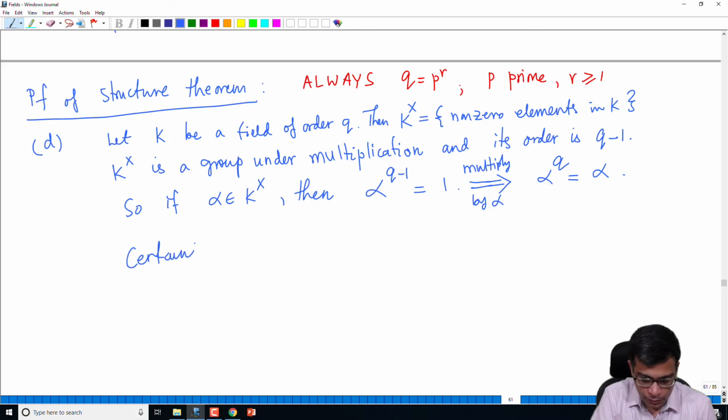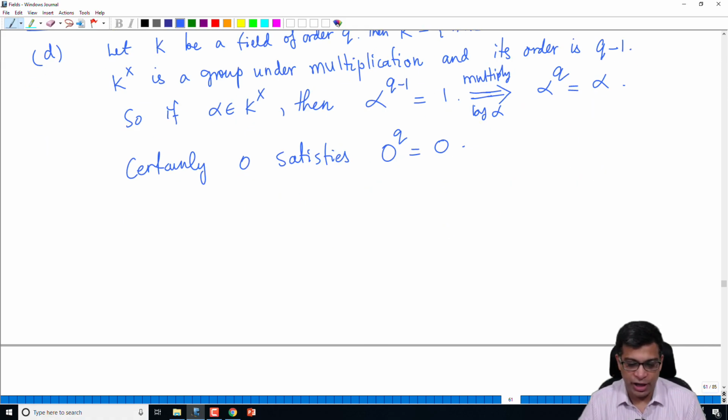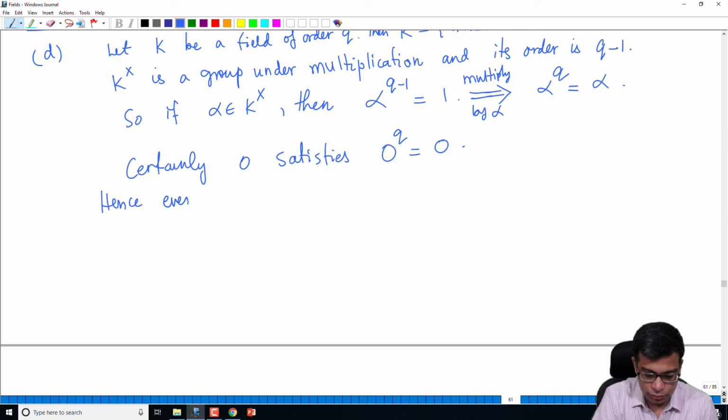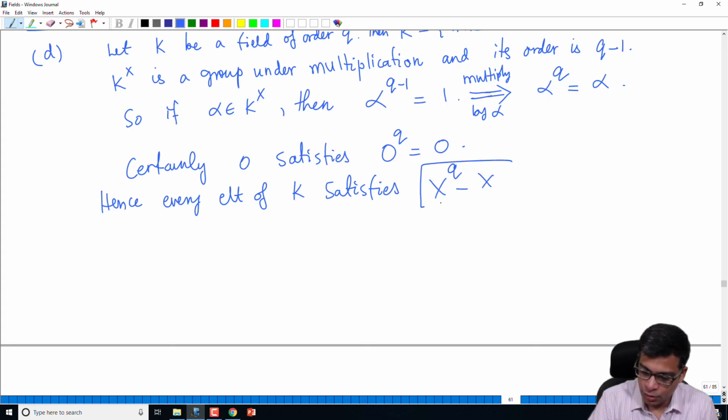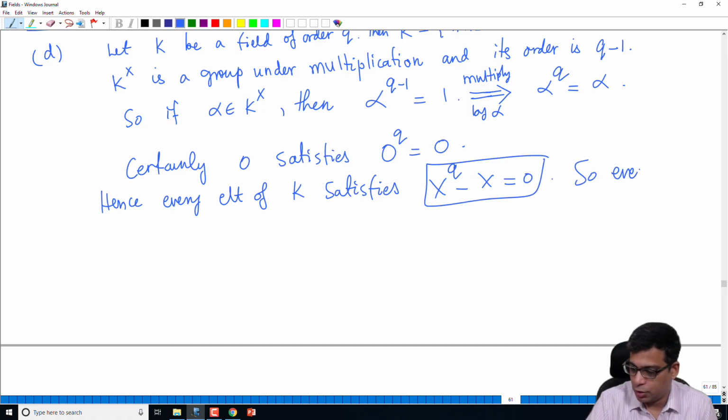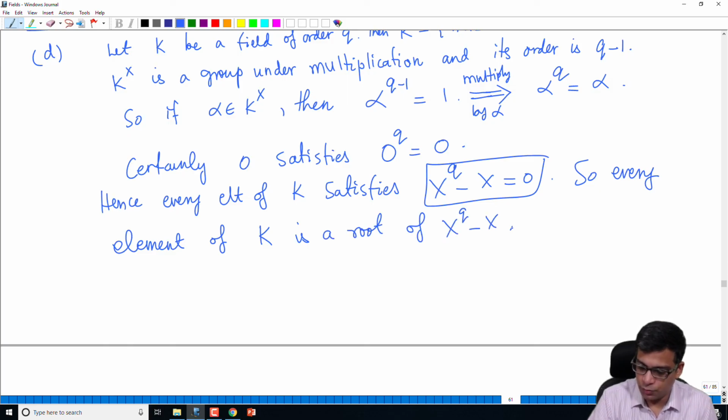Certainly 0 satisfies this as well. So now that means every element of K is a root of x power q minus x, as required.